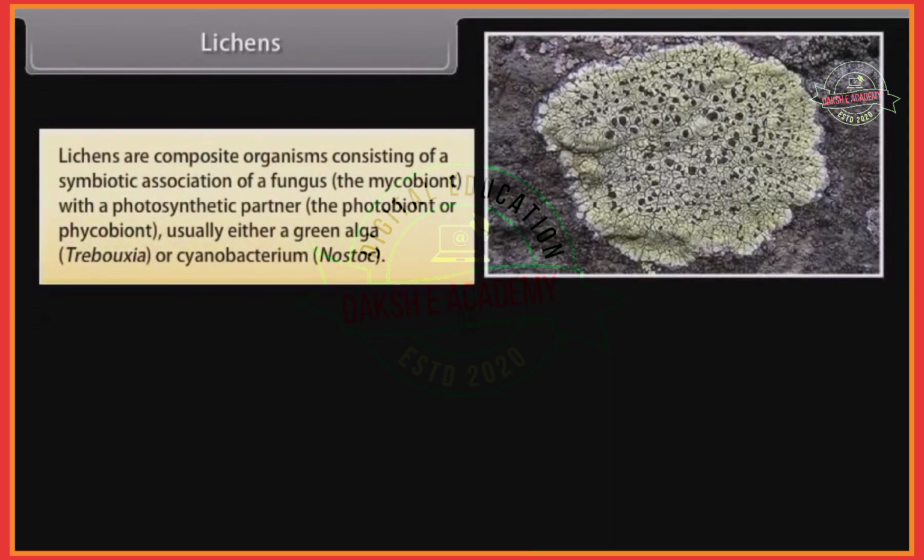Lichens are composite organisms consisting of a symbiotic association of a fungus, that is, the mycobiont, with a photosynthetic partner, that is, the photobiont or phycobiont. Usually either a green algae, that is, Trebouxia, or cyanobacterium, that is, Nostoc.